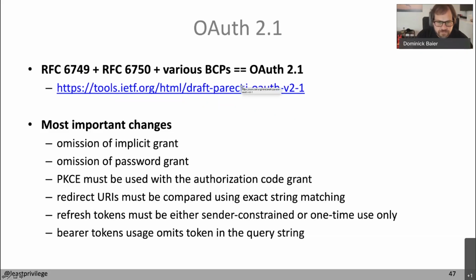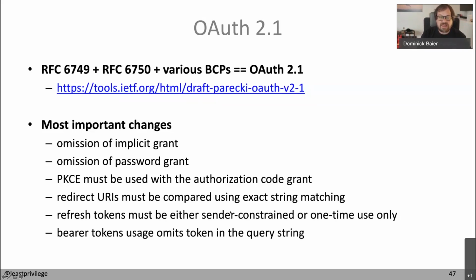If you want to diff them in your head, the most important changes are these. Implicit grant is gone, password grant is gone, PKCE is mandatory for the authorization code grant, redirect URIs must be compared with an exact string match, no regular expressions allowed, things like that.